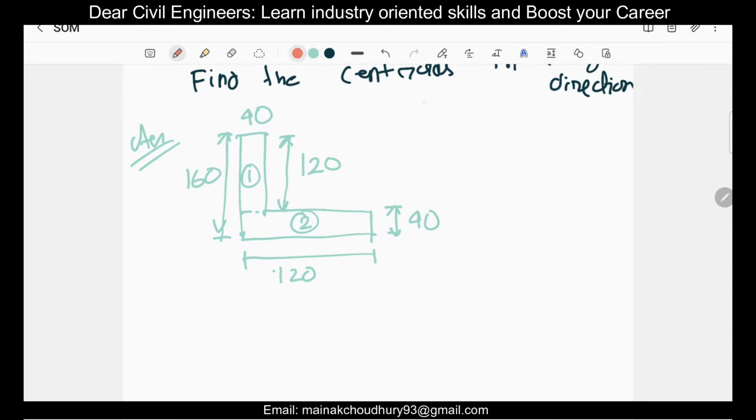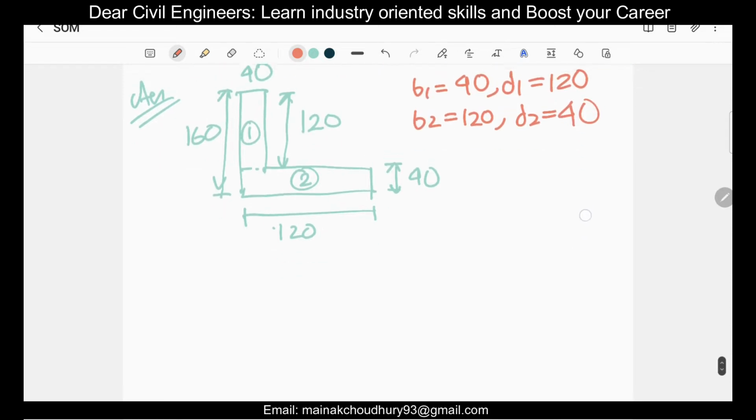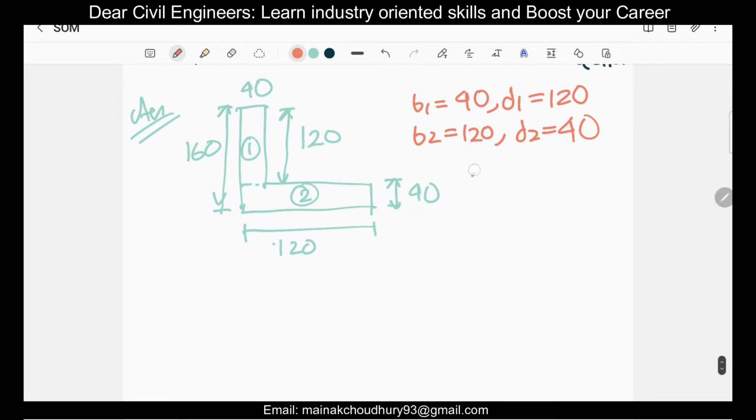So here b1 is equal to 40, d1 is equal to 120, and b2 is equal to 120, and d2 is equal to 40. Similarly, you can find out a1 and a2 from here. A1 equals b1 into d1.